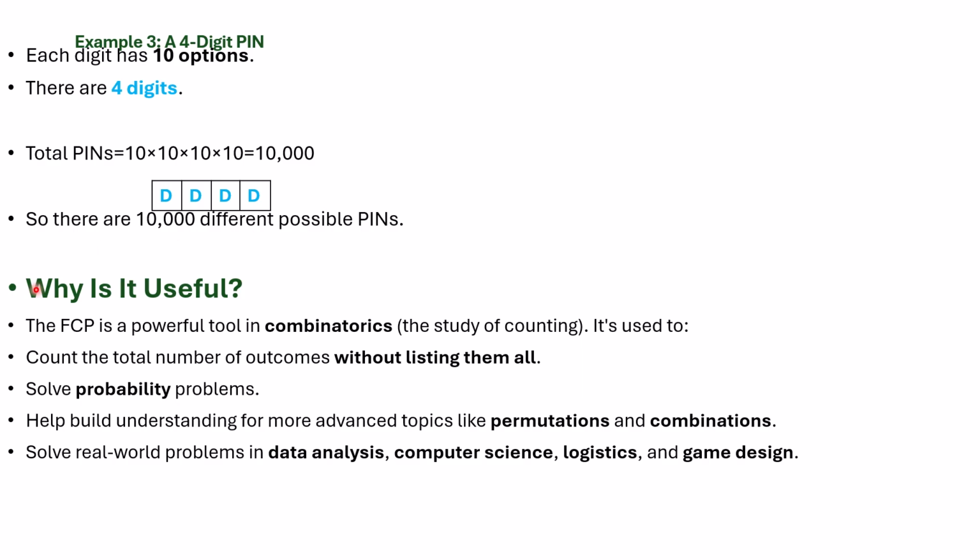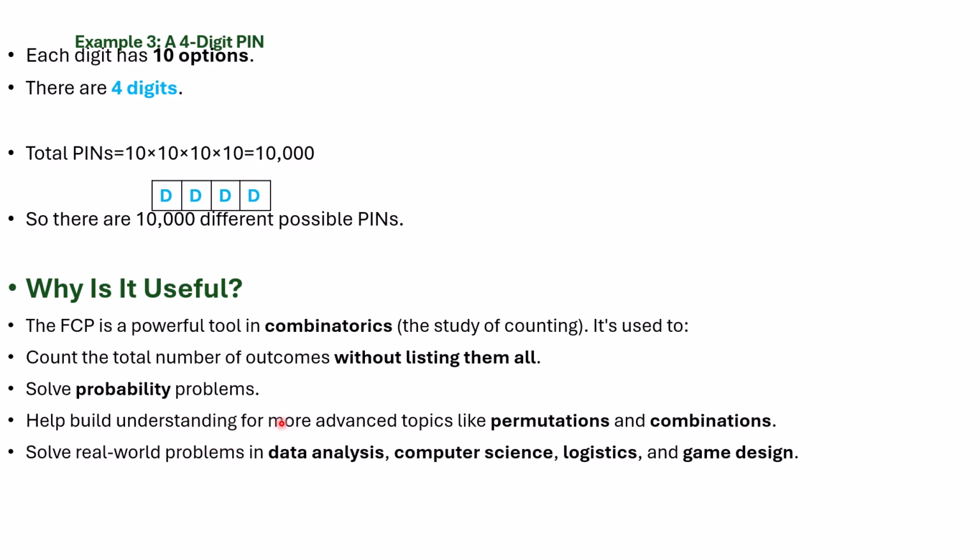Right, now, why is the fundamental counting principle useful? Number 1, it's a powerful tool in combinatorics, or the study of counting. It's used to count the total number of outcomes without listing them all. We use it to solve probability problems, which you will see as we go through. So I do many examples and I'm going to do many exam questions.